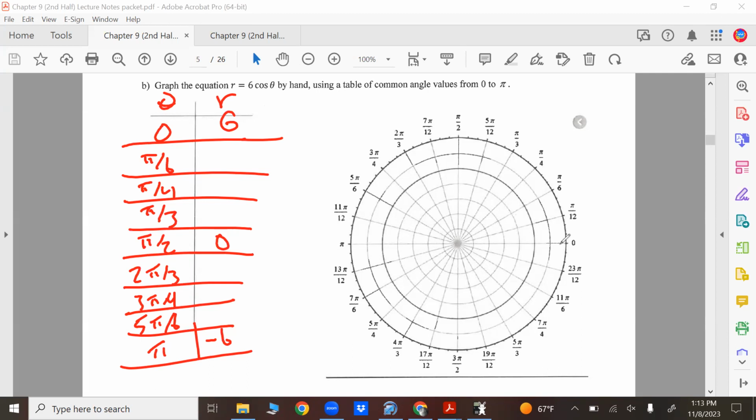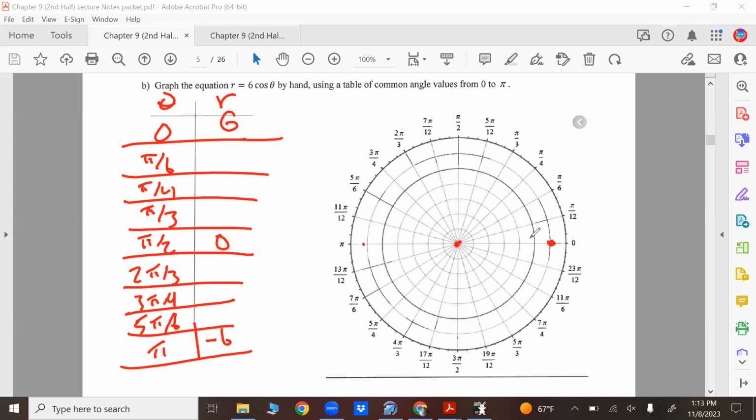So if theta is 0, r is 6. And then pi over 2, comma 0. That would be right there, because you don't have a radius. And pi, comma -6.